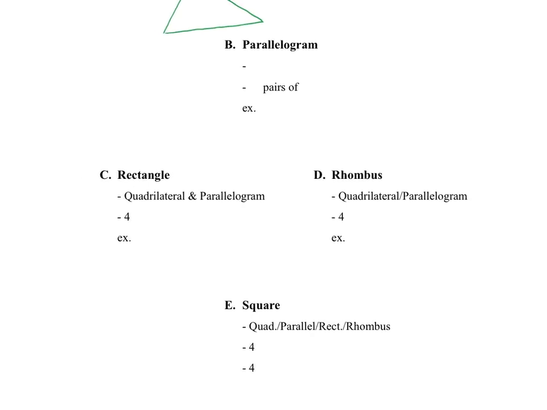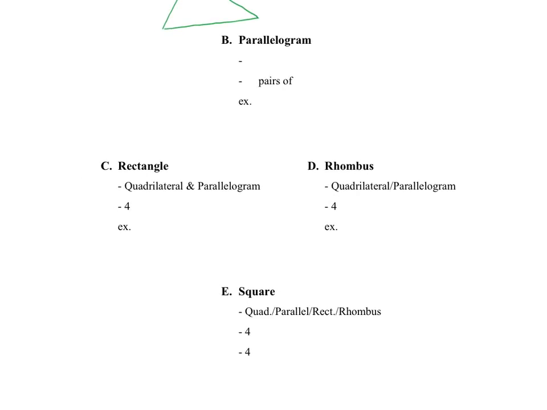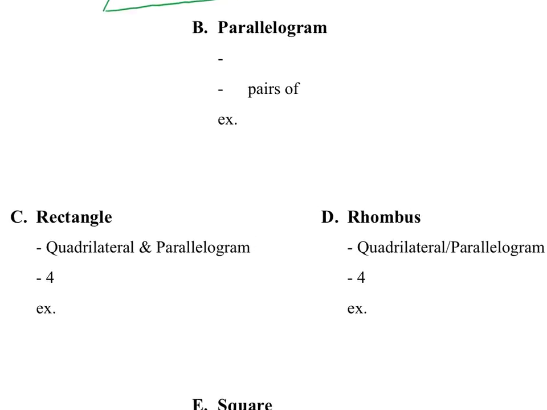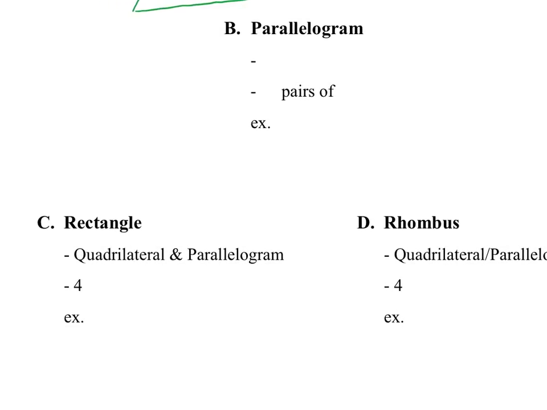I tried breaking up the rest of the notes like this, at least section 4 of the notes. A parallelogram is going to be the next part, and then we'll look at rectangles and rhombi or rhombuses as special parallelograms. So parallelograms: first thing is they're going to be a quadrilateral, but now we have two pairs of parallel sides.